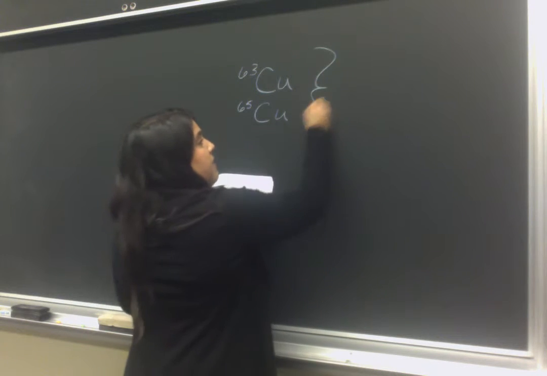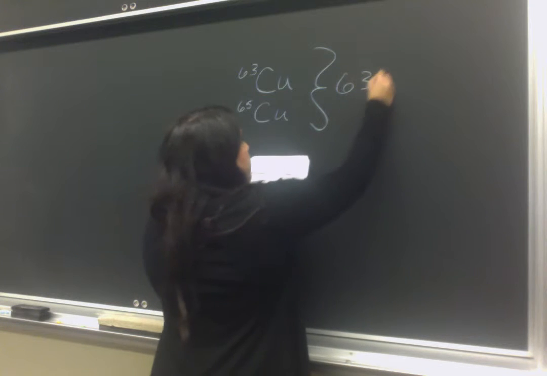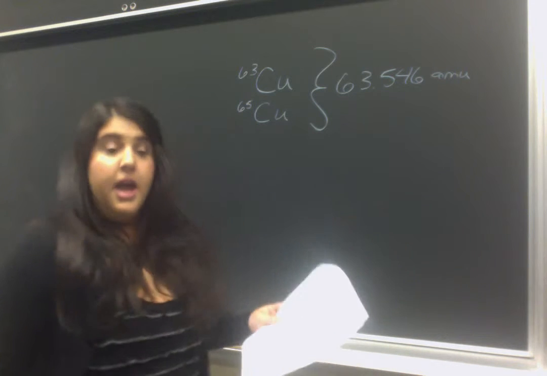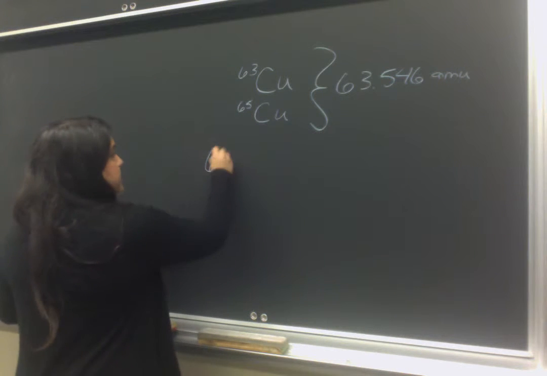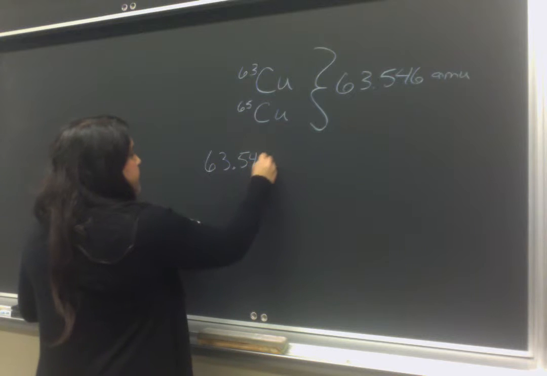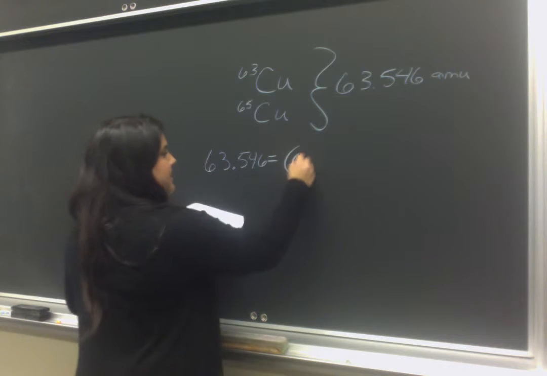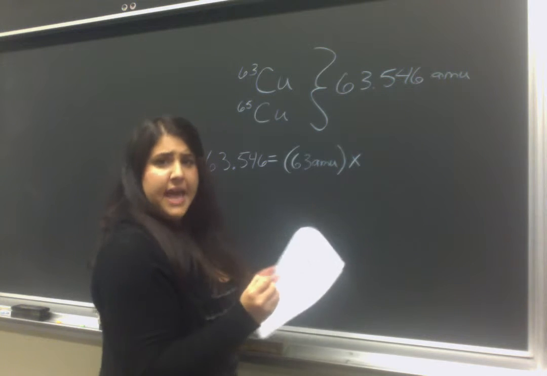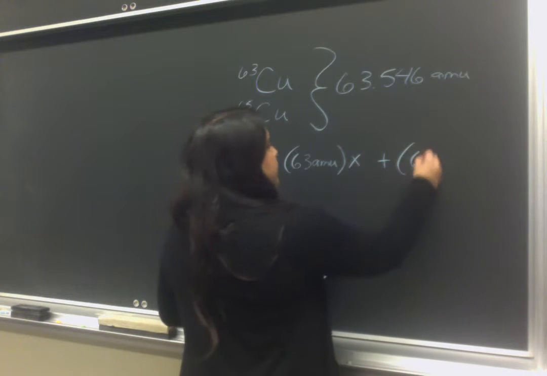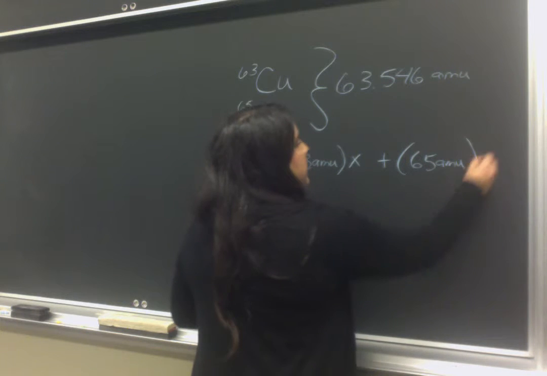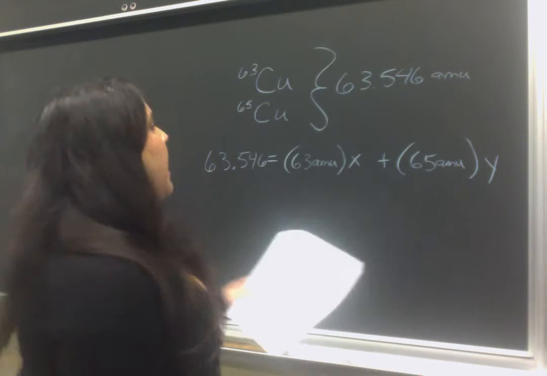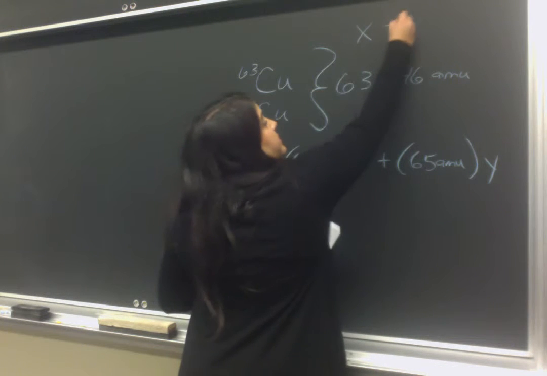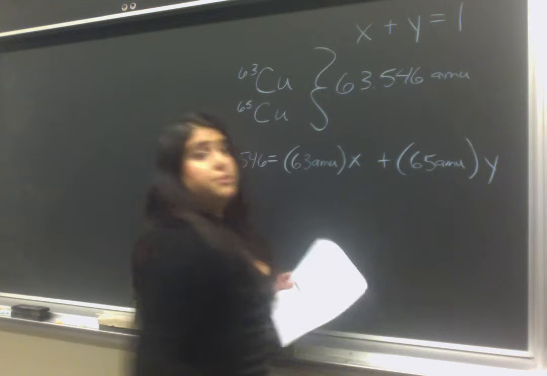My weighted average is 63.546 AMU. I remember that my original equation was 63.546 is equal to my 63 AMU isotope times some abundance X plus my 65 AMU times some abundance Y. I also remember that my abundance X plus my abundance Y must add up to 1.